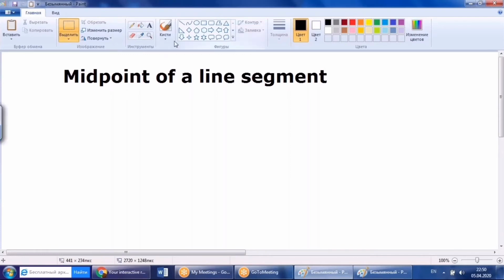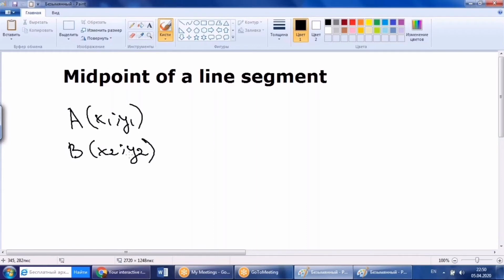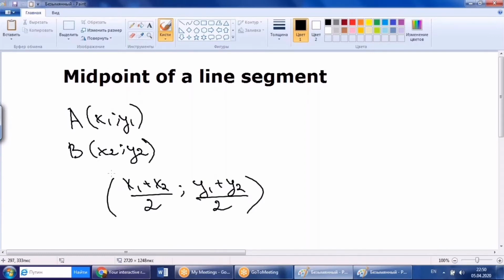In general, if point A (x1, y1) and point B (x2, y2) are 2 points, then the midpoint M of AB has the coordinates x1 plus x2 divided by 2 and y1 plus y2 divided by 2. This is the formula of the midpoint of a line segment.